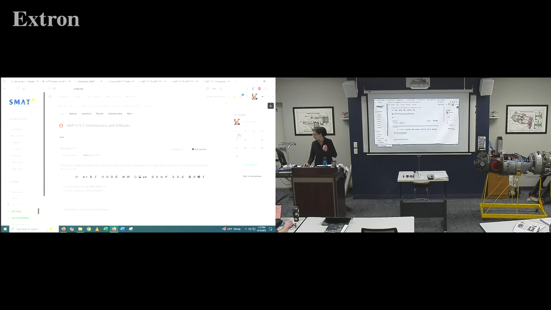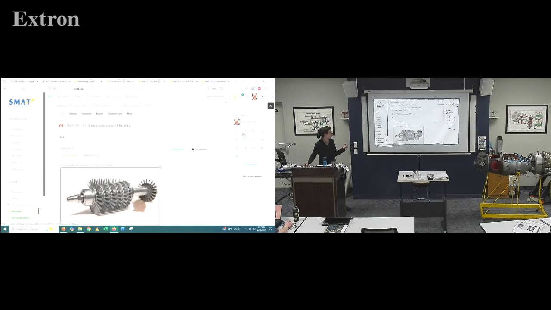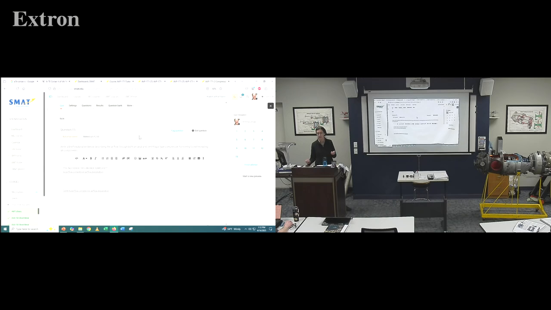So it goes through a whole bunch of lovely questions, asking you to identify what is what on these compressors. And then it comes to question 13. It says, write a brief explanation below describing the airflow through both an axial and centrifugal type compressor from entry to exit, including all of the components. You can use your textbook, you can use the slides, but I want it to be in your own words.